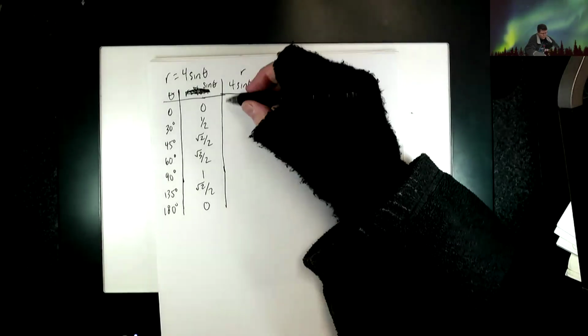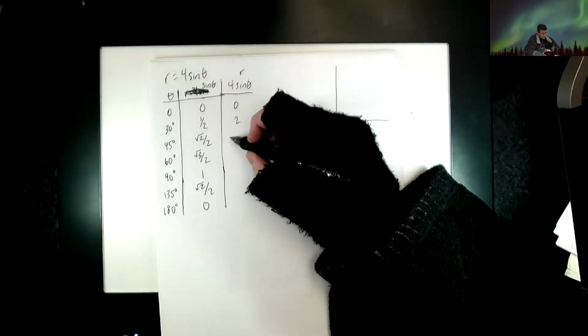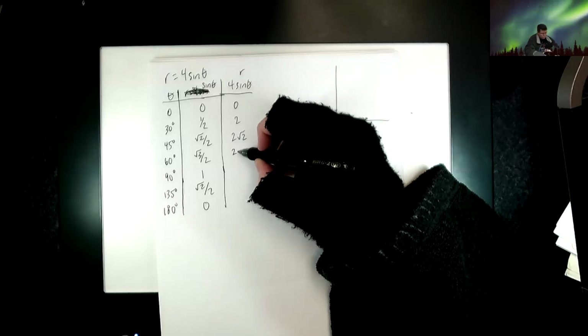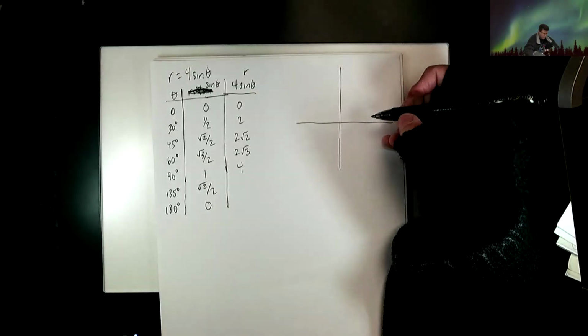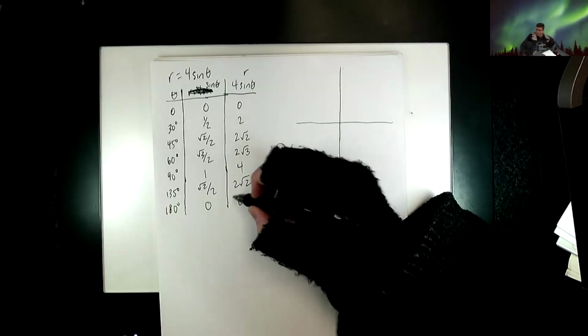If I multiply these by 4, I get 0, 2, 2 root 2, 2 root 3, 4, 2 root 2, and 0.